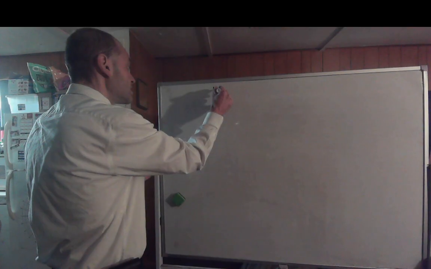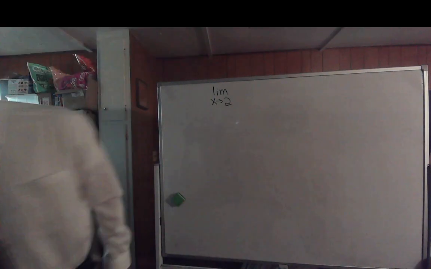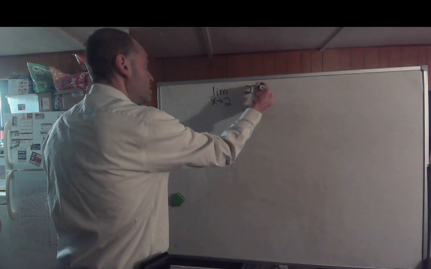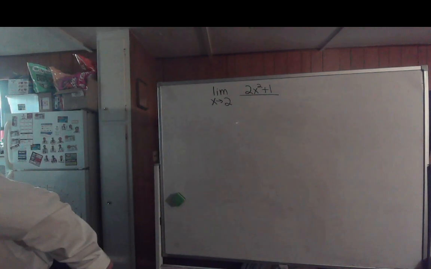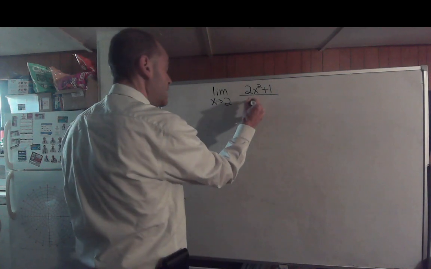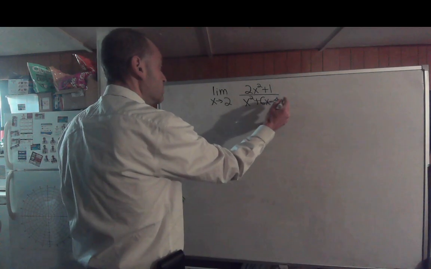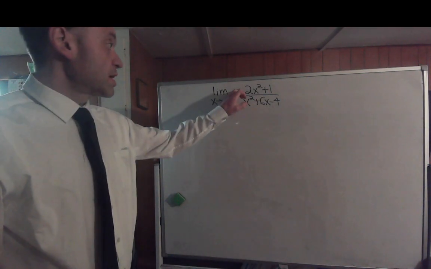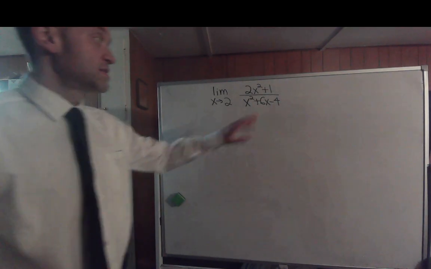Let's say we have the limit as x approaches positive 2 of 2x squared plus 1 all over x squared plus 6x minus 4. Alright, so we have 2x squared plus 1 all over x squared plus 6x minus 4.